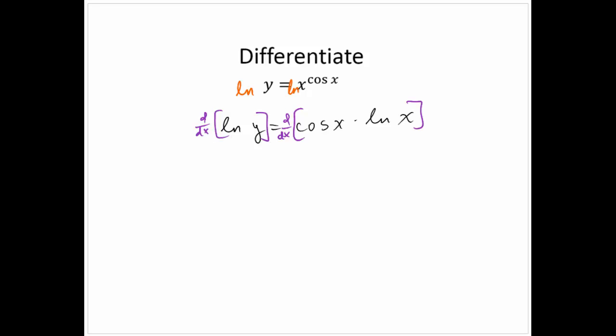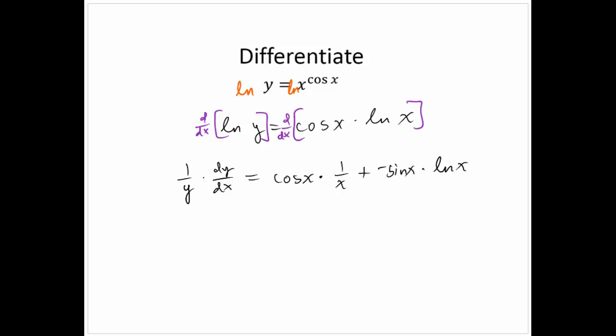So 1 over y dy dx is equal to, now I'm going to have to use a product rule here. So I'd have cosine x times the derivative of natural log x, which is 1 over x, plus the derivative of cosine x, which is negative sine x, times natural log x.